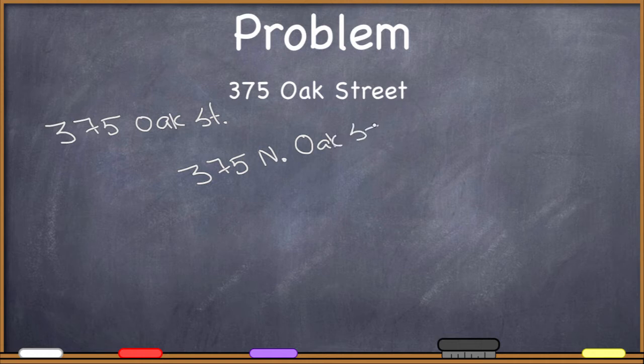Maybe there is a north and south distinction that is informally made in the particular city that we're talking about. Or somebody might just say, where do you live? Oh, I live at 375 Oak. Or I need to get to 375 Oak. To a human being, we might not even notice the difference here.